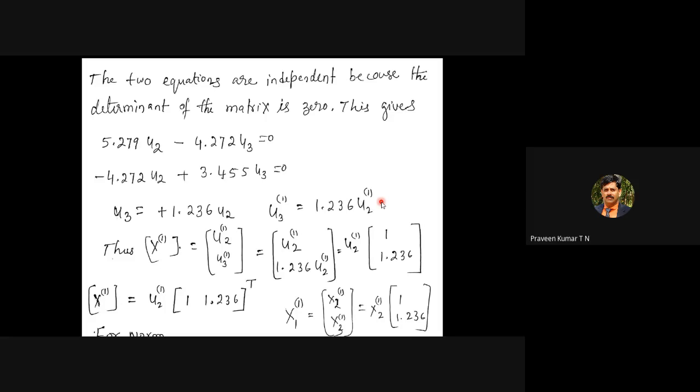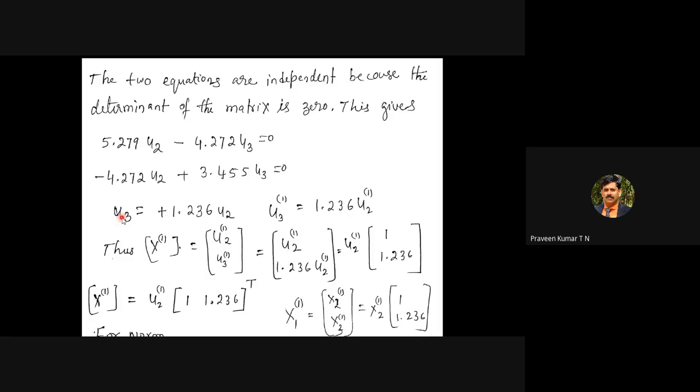You are considering the lambda 1 value, hence you are putting superscript 1. It has nothing to do with the element; you are not talking about the element level. So everywhere you are putting 1 1, and 1 1 refers to your lambda 1. By considering only the first root of the equation, you are getting this first equation.